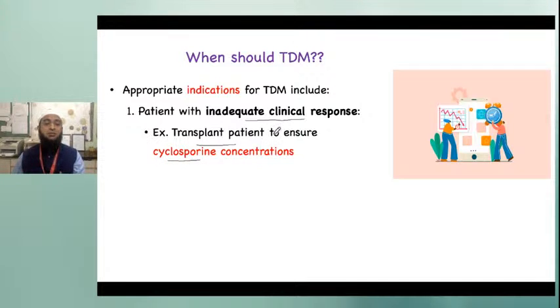In a transplant patient, when an organ is transplanted, your body tries to reject the transplant through the immune system. So what you are doing is giving an immunosuppression drug. Cyclosporine is one of the immunosuppression drugs. If you are not giving an immunosuppressant drug, then it's quite possible that the body may reject that transplant.